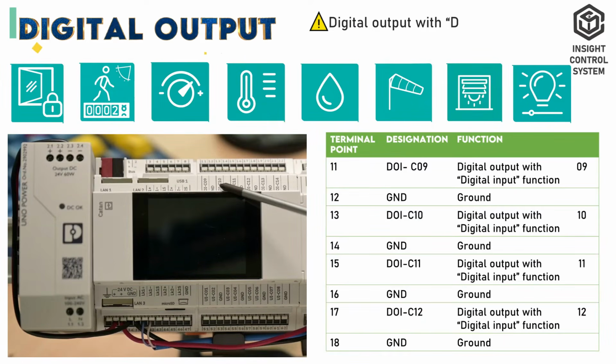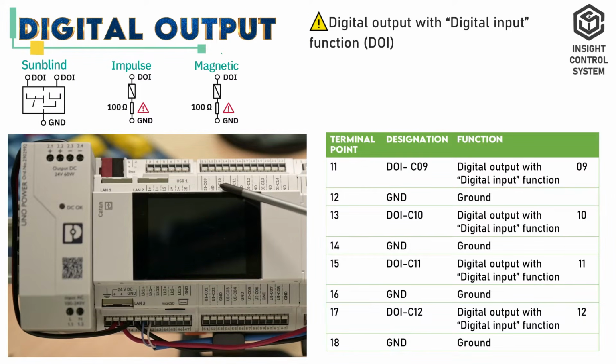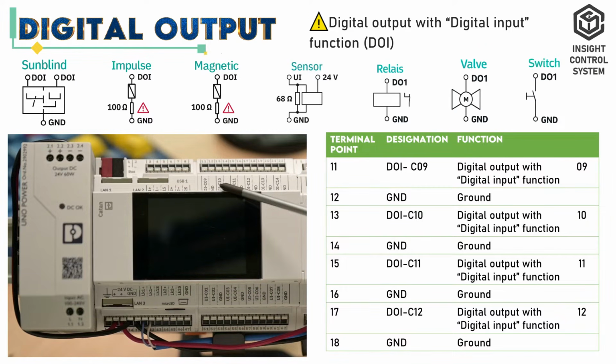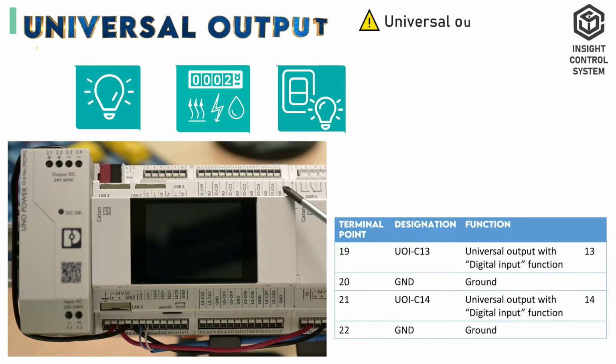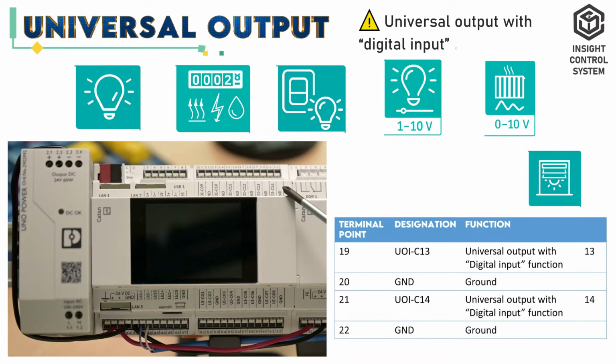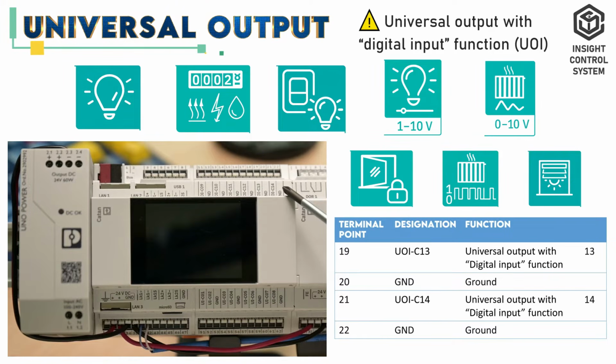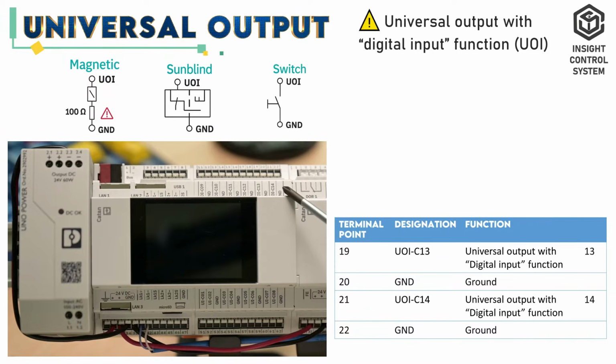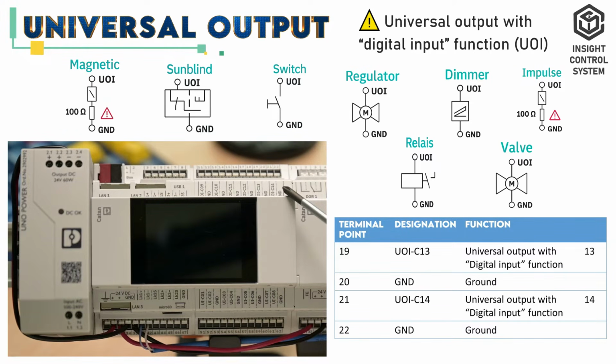Terminals 11 to 18 are digital outputs with digital input function. Note: you can use each DOI for one of the listed functions: digital input, floating contact, counter inputs. Terminals 19 to 22 are universal outputs with digital input function. Note: you can use each UOI for one of the listed functions: analog voltage outputs, digital outputs, digital inputs.